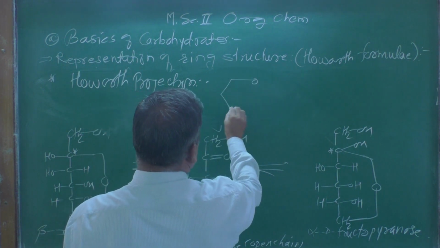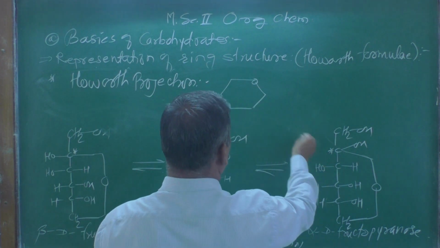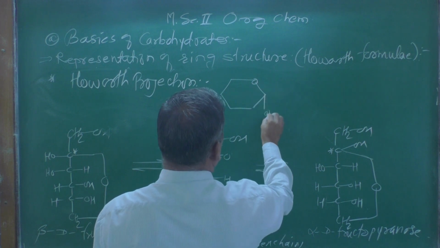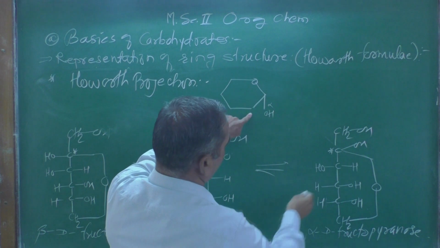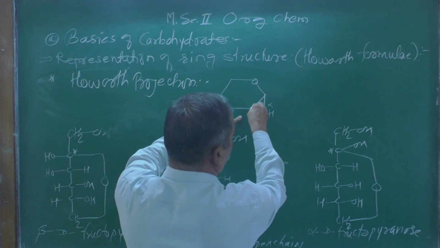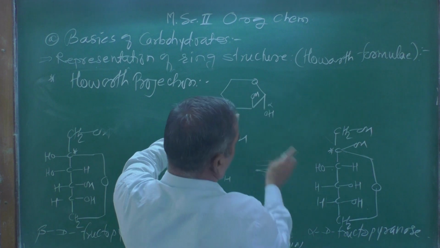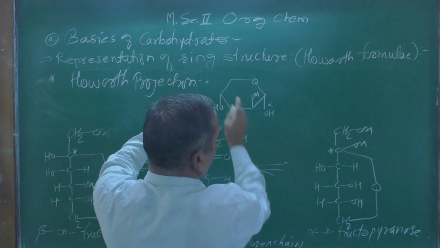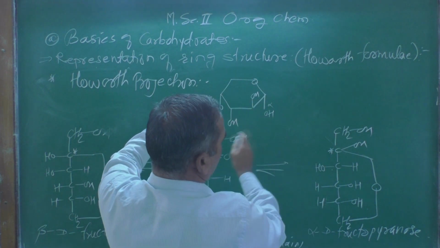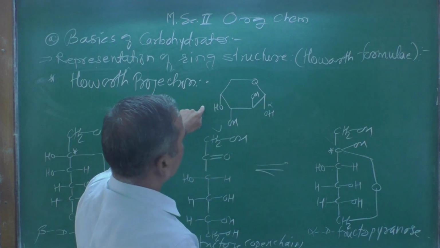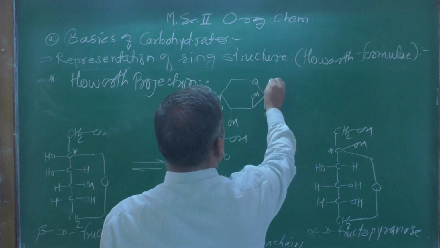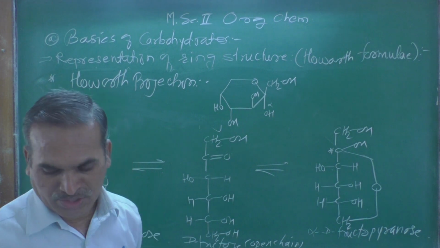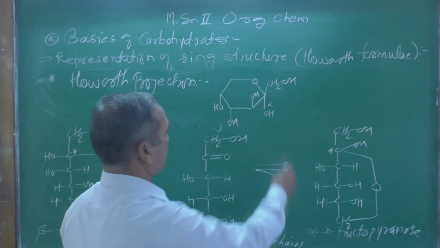This is a ring, and alpha side means the hydroxy group which is lying on the right hand side. So we can show here, this is the alpha side. Look at this carbon atom, it is above the plane, here it is below the plane, here also below the plane, and here we can write CH2OH, here remains CH2.